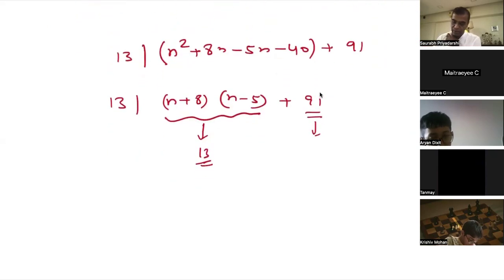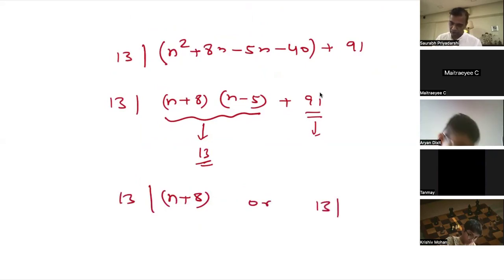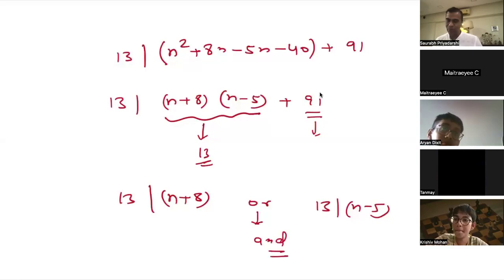So I can say either n plus 8 is divisible by 13 or n minus 5. But the difference between both numbers is 13, so it is not 'or', it must be 'and'. Any number of the form n minus 5 or n plus 8 must be divisible by 13.